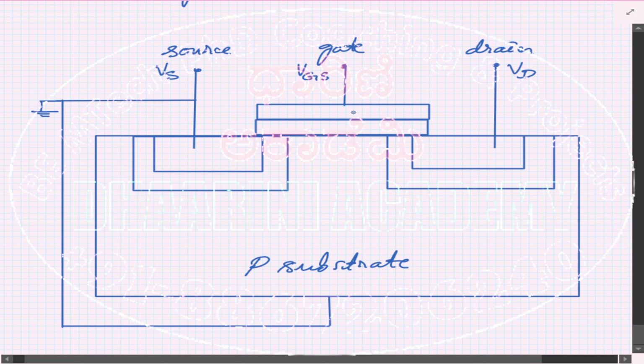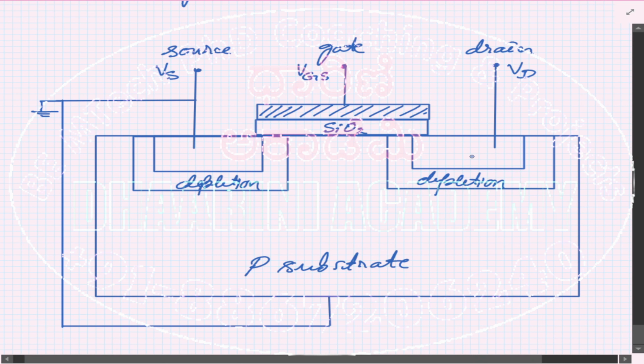So you see that normally the polysilicon is this, this is SiO2, and here you have the depletion layer. This is a depletion, this is also a depletion.